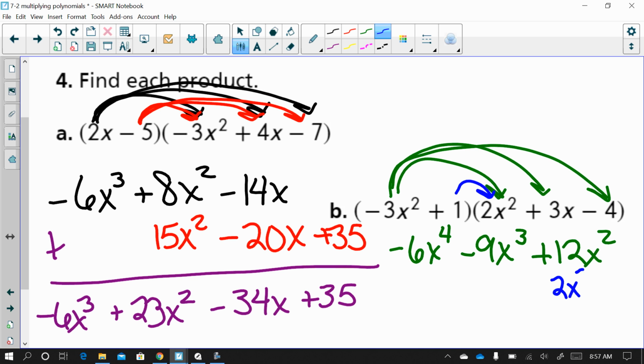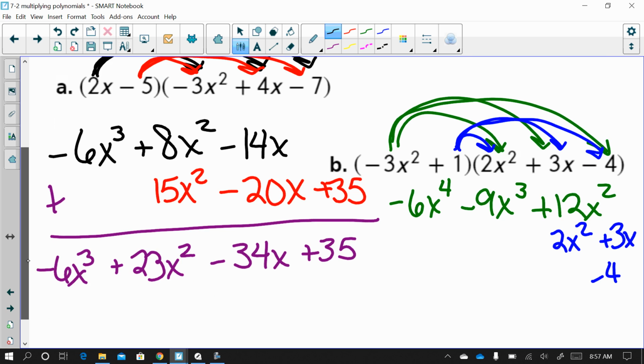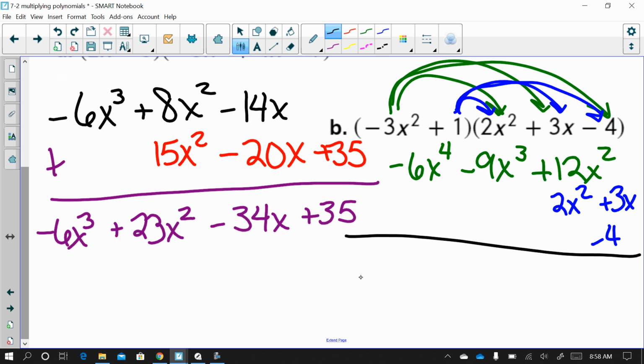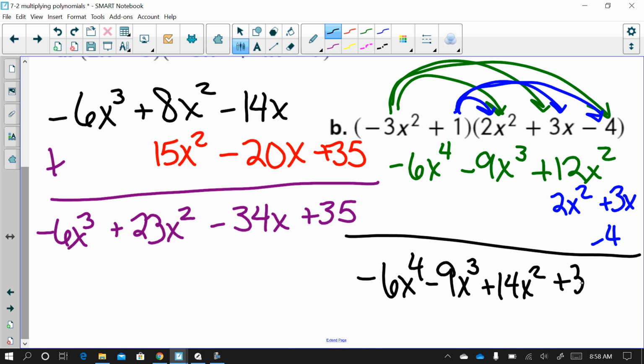Line them up. Positive 3x, and a negative 4. Combine my like terms. I'm going to get negative 6x to the 4th minus 9x cubed. 12 plus 2 is 14x squared plus 3x minus 4. That's all you've got to do.